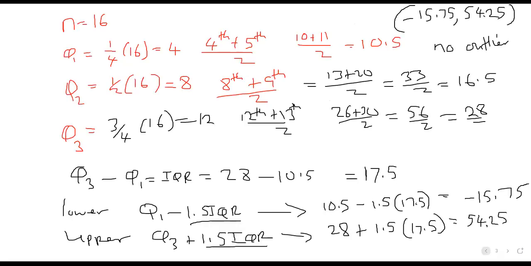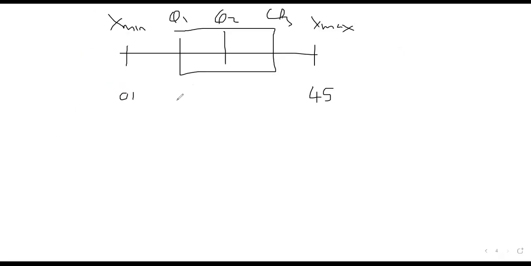Q1, Q2, Q3, so 10.5, 16.5, and 28. Then the outlier limits here are 54.25 and negative 15.75. So this is what we call the box whisker plot.